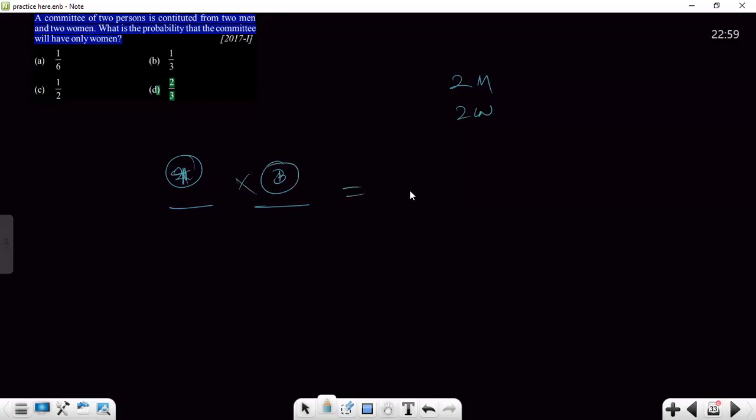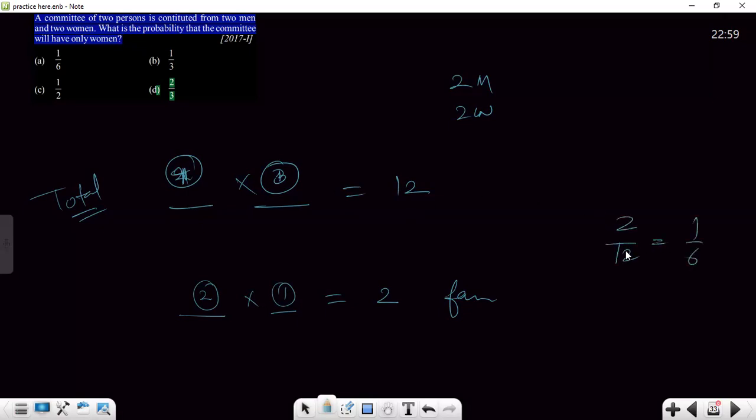How many total cases? 12 total cases. How many favorable? Favorable having only women. If you want to have only women, so 2 choices for the first position, 1 choice is left for the second position. These are the favorable count. So the probability of this event should be 2 by 12. The answer should be 1 by 6.